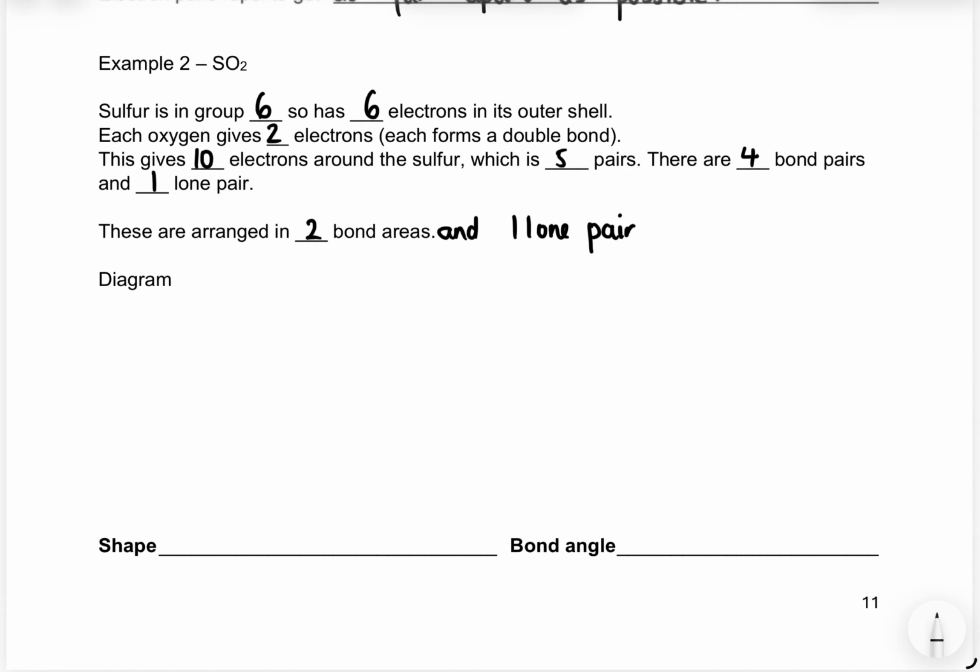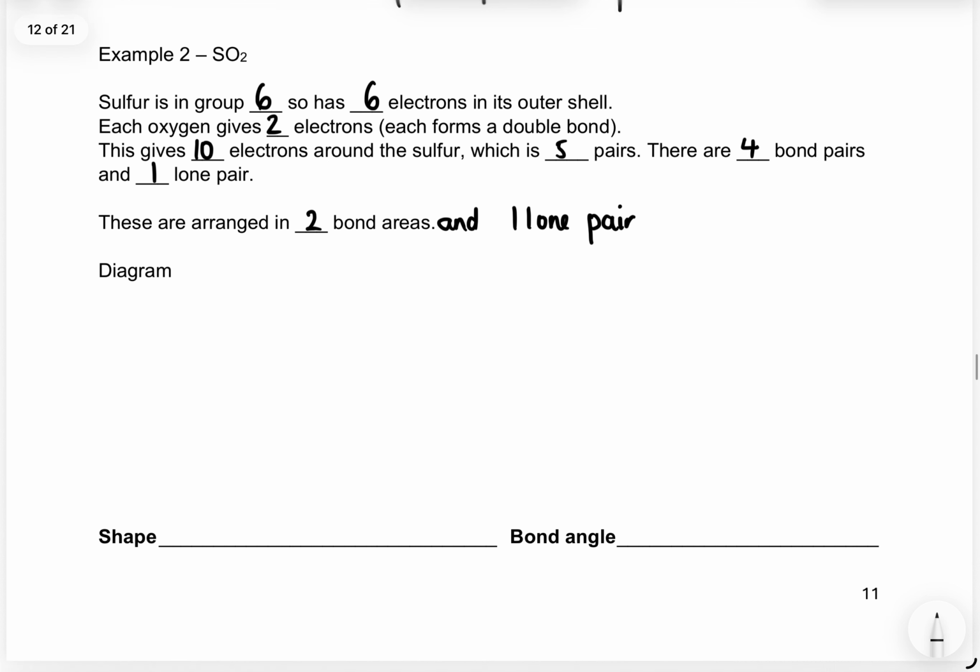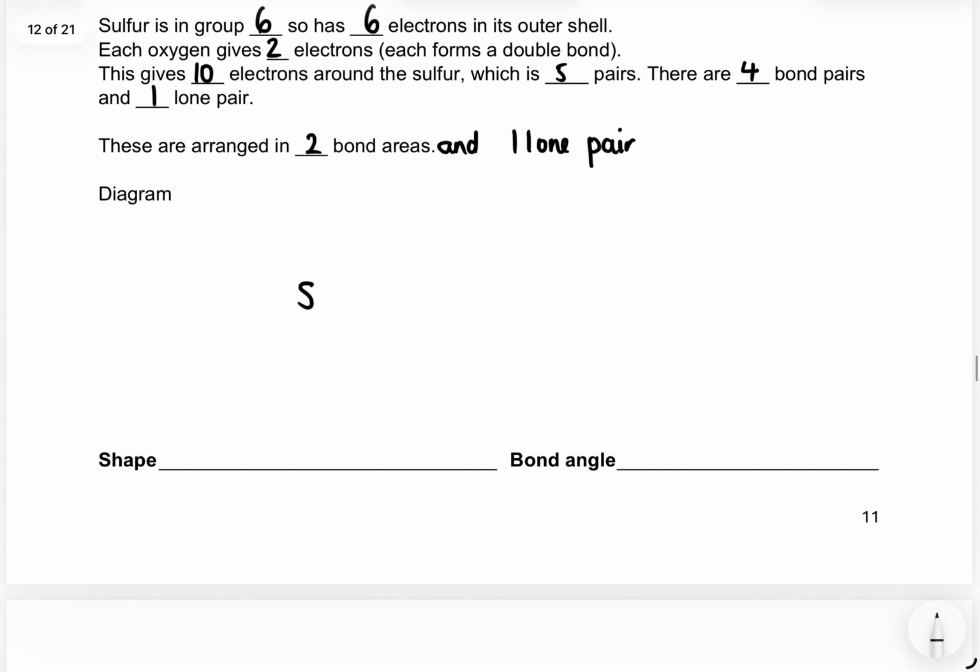So this is like 2 bond pairs and 1 lone pair shape, which if we remember back, is a 3 pair shape in total. But we've got double bonds for the sulfur to oxygen bonds. And then the third pair is a lone pair. I'm just going to tidy this diagram up a bit.